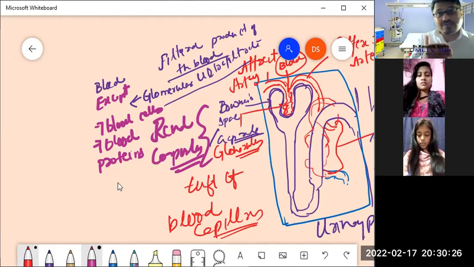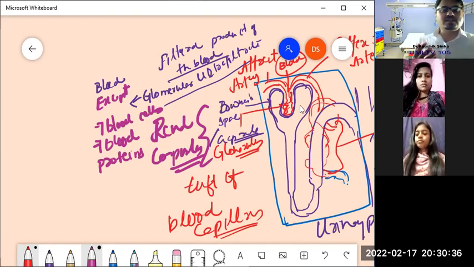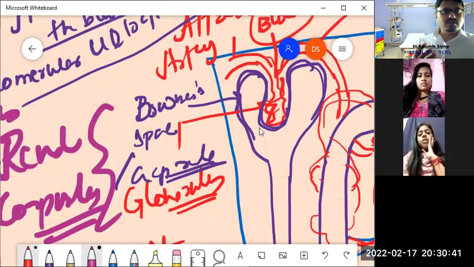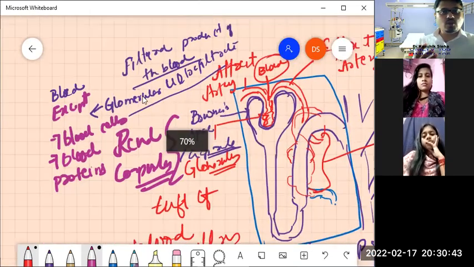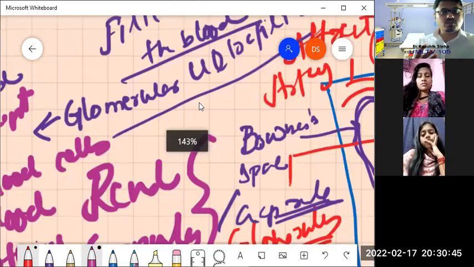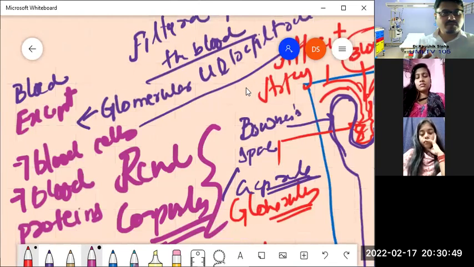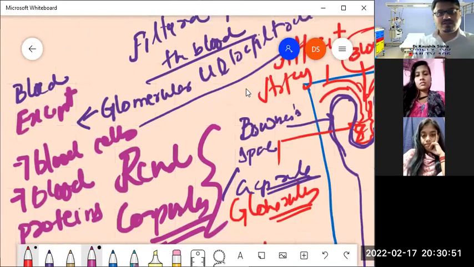Now, I have so far named the useful materials. So what I'm trying to say is that the materials that are of use to the body also get filtered in this particular area. So useful materials also ought to be found in this glomerular ultrafiltrate. But obviously, the useless materials also make their appearance in the glomerular ultrafiltrate.